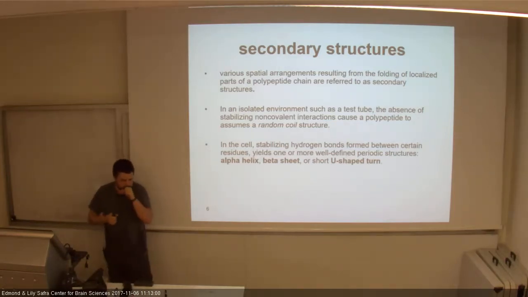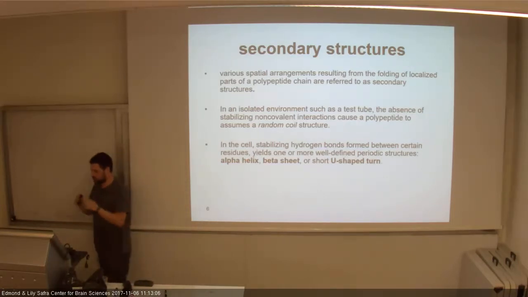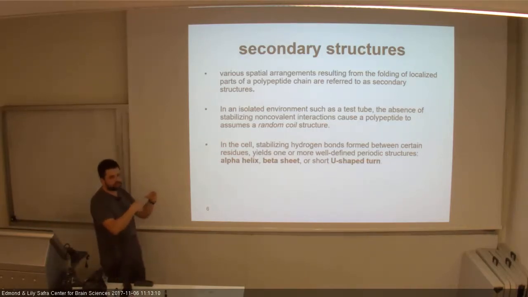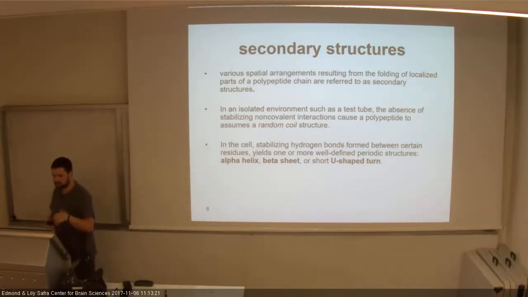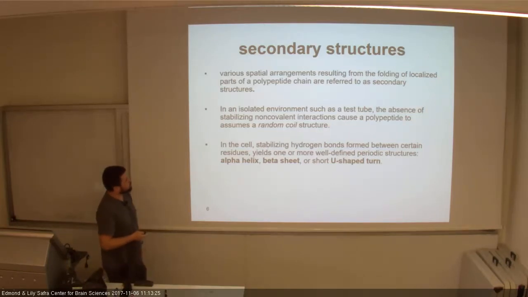For us, the alpha helix, beta sheet, and U-shaped turn are all a result of interactions, normally hydrogen bonds, inside the backbone of the protein, and we didn't talk at all about the identity of the amino acids. We'll start talking about them when we talk about the tertiary structure.